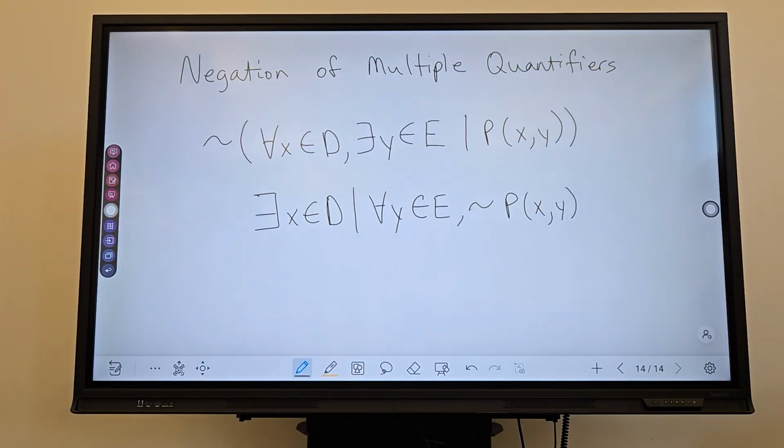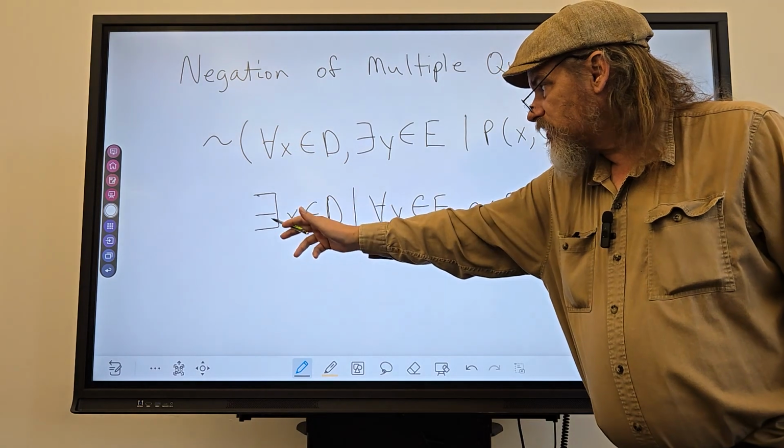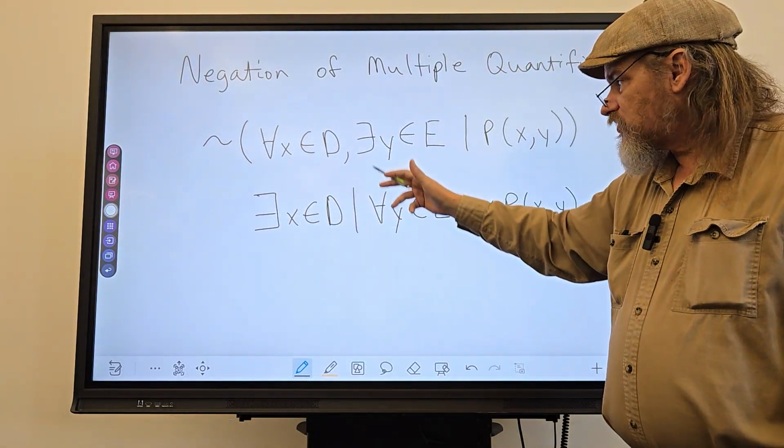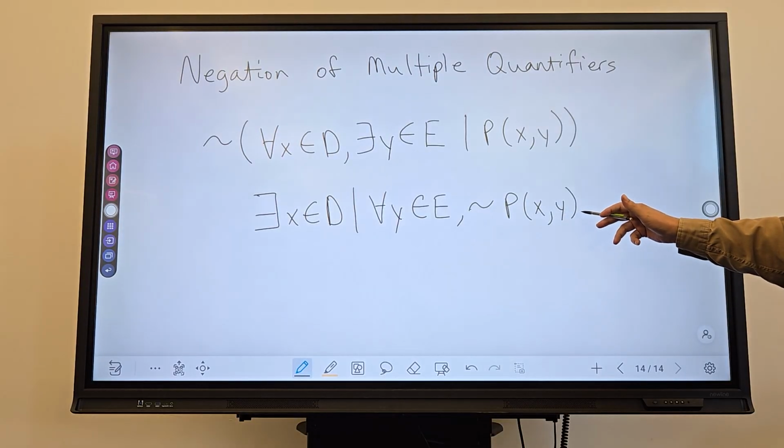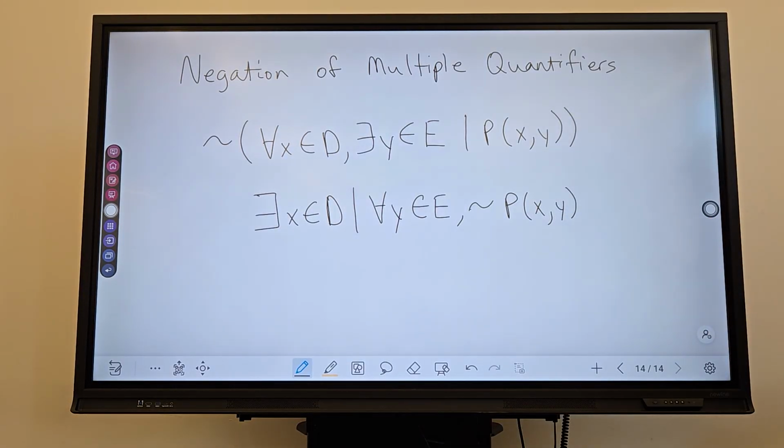You flip the quantifier from universal to existential, existential to universal, and then you invert the predicate. Take the negation of the predicate.